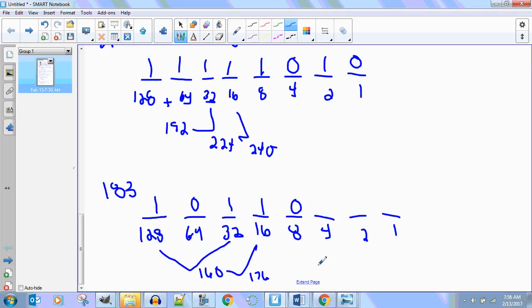Can I add in 4? Yes, that's 180, right? And how do I get 3 more? 2 and 1. Okay? 2 and 1. So what is 183 in binary? 10110111.